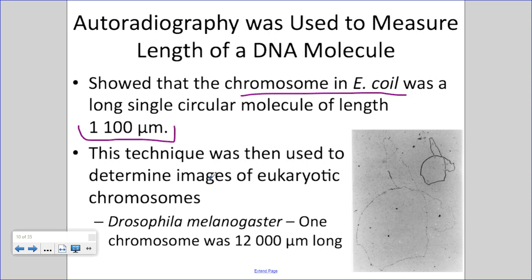This technique was then used to image eukaryotic chromosomes. The fruit fly, Drosophila melanogaster, was one of the first, and its chromosome was determined to be about 12,000 micrometers long, significantly larger than that bacterial chromosome.